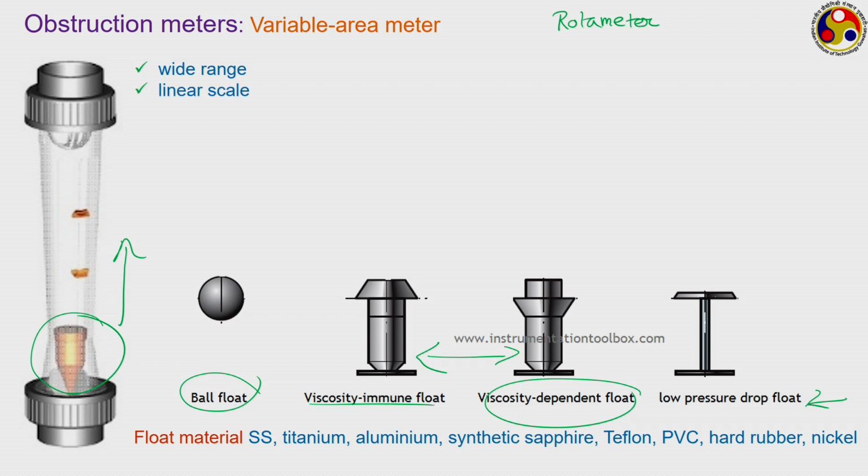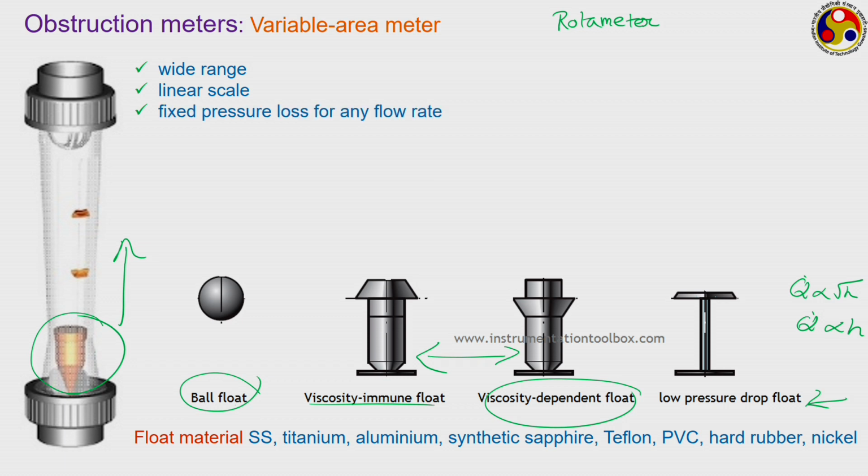It has a very linear scale. The position of the float generally varies linearly with q dot, the flow rate, which is a big development over the previous ones, because in the previous case we had q dot proportional to root h, whereas in this case q dot is directly proportional to h. So, it is a big advantage compared to the Venturi meters and orifice meters.